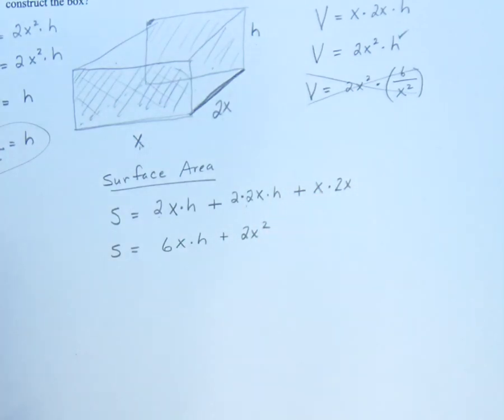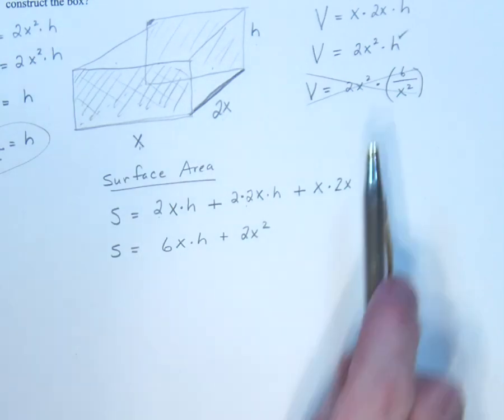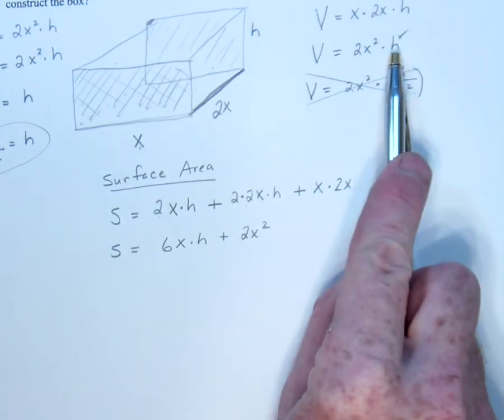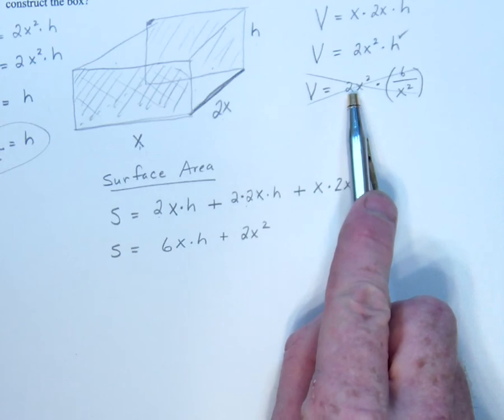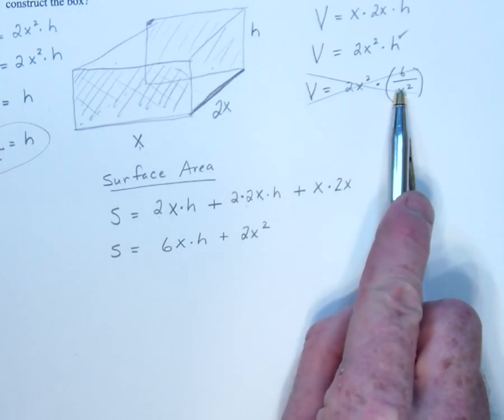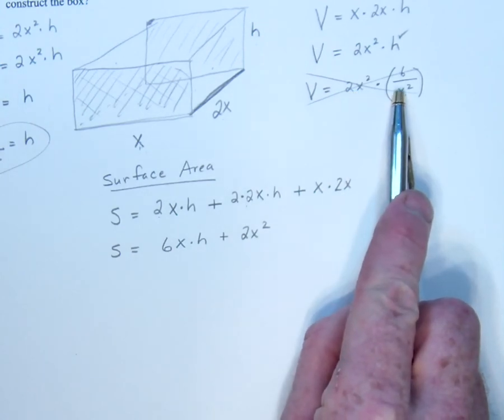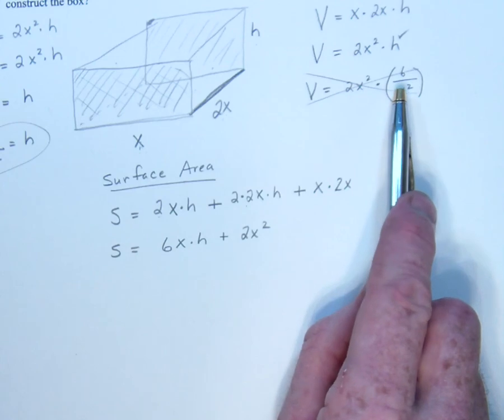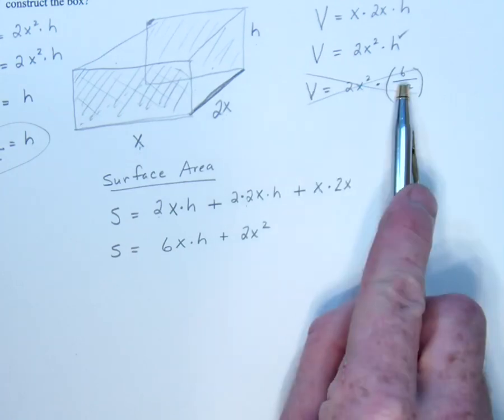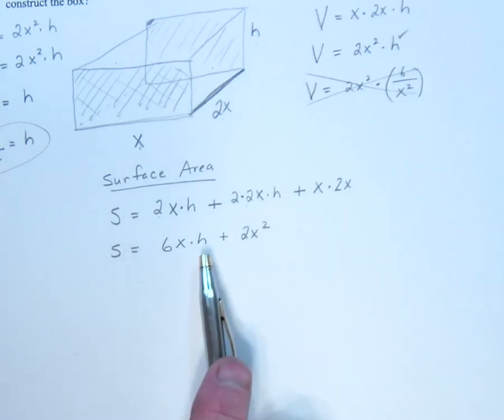All right, now when I did this and I said, hey, let's replace this h, what happened is I got something that was only a number, didn't have variables. And then my brain said, that's weird. Where's the variable x? It canceled, so that can't be right. Scratch that out. But notice that we can do the same thing over here, replace h.